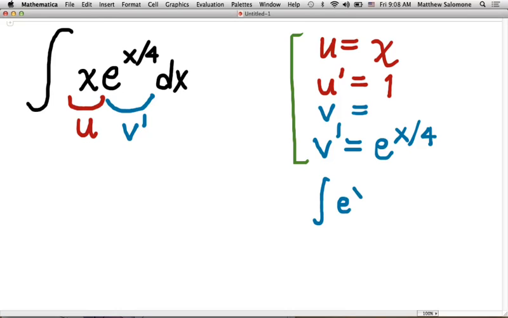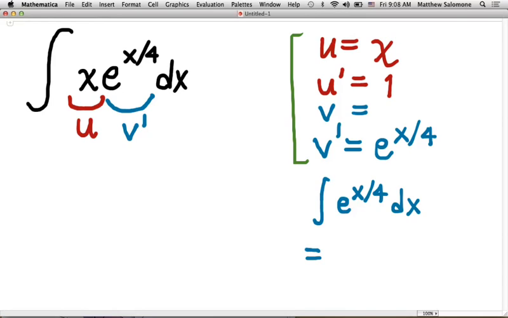Let me ask Group B, who worked on this yesterday and today. Group B, how did you find an antiderivative for e to the x over 4? You took a substitution, right? You have an inside function, x over 4. I'm going to write this off to the side here.